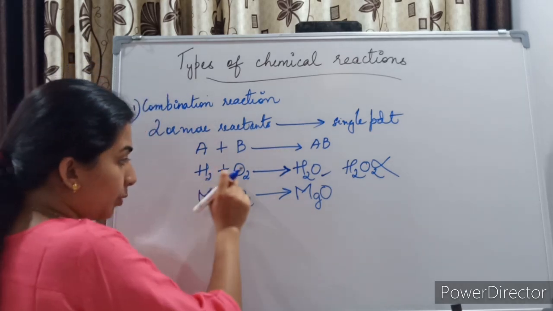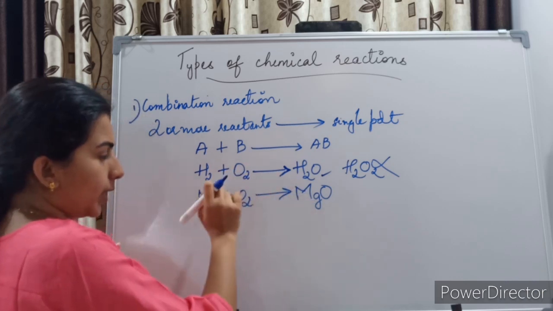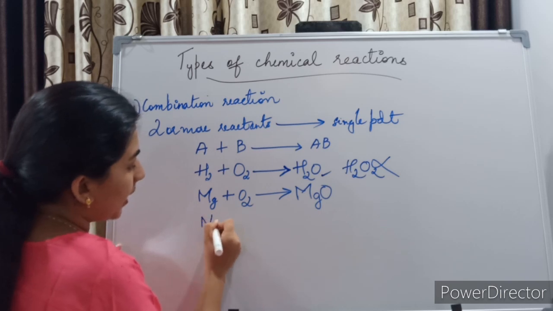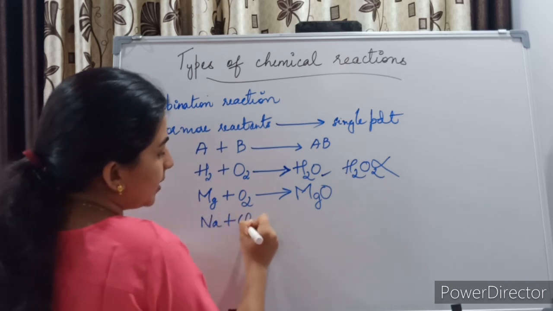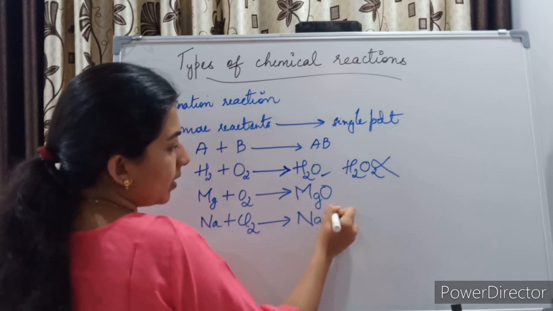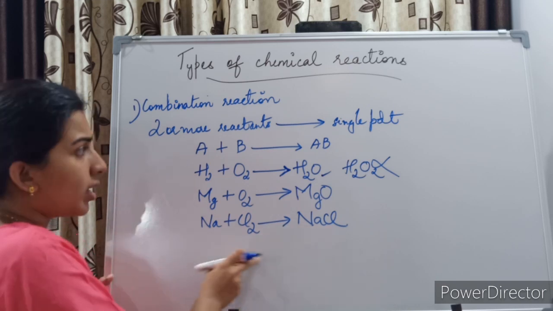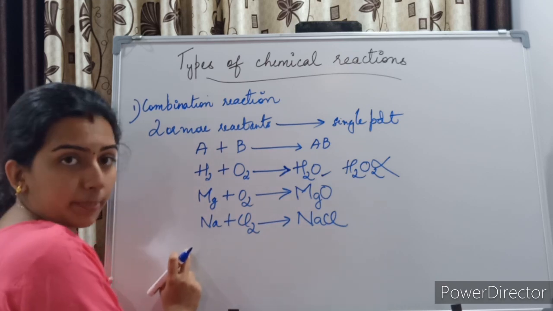So here two reactants combine to give a single product. Next, Na plus Cl2 gives NaCl. Again, two separate reactants combine to give a single product. So this is what a combination reaction means.